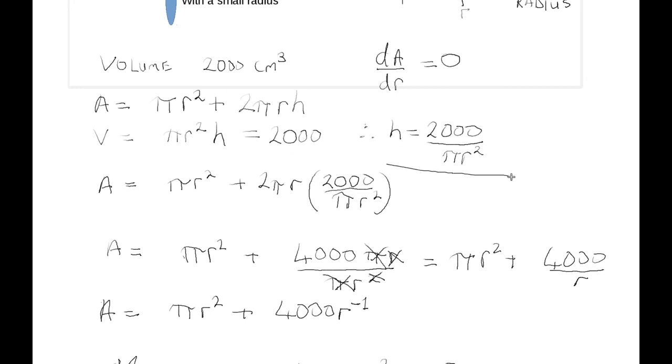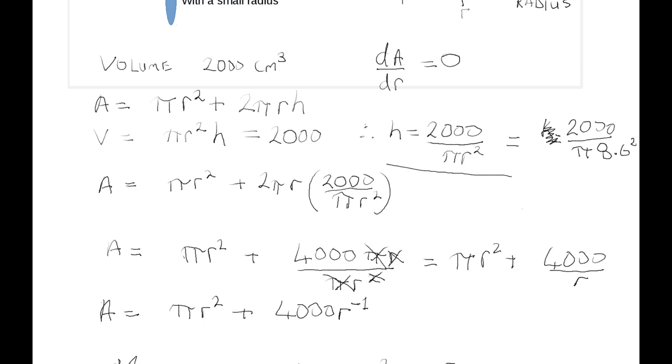I need to find out what h is, so I'm going to substitute in my numbers. h equals 2000 divided by pi times r squared, which is 8.6 squared, and that gives an answer of 8.6.